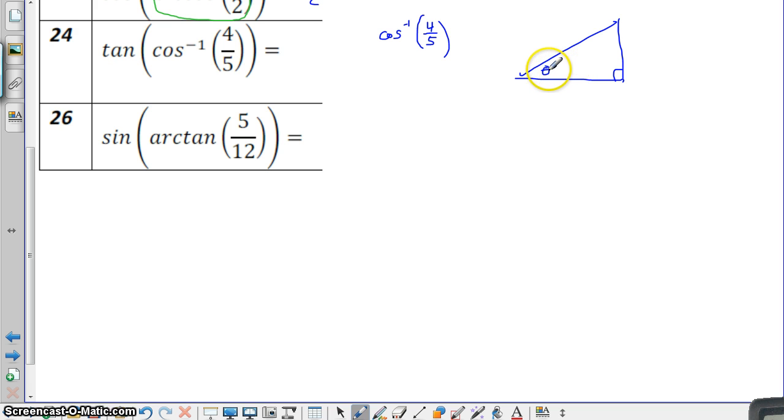And because I'm looking at cosine, I know that cosine is adjacent over hypotenuse. And because I know that cosine is 4/5, because this one's asking, when does cosine of an angle equal 4/5? That means that the adjacent is going to be 4.